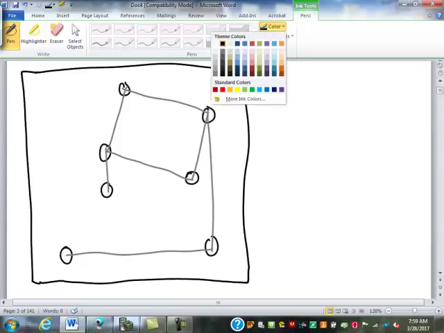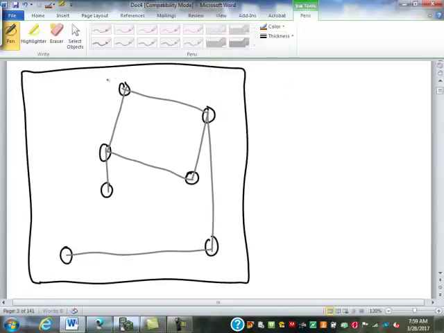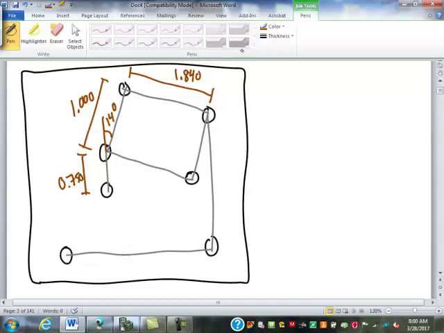We are given one inch here. We are given this angle here is 14 degrees. Given 0.75 here. 1.840 here.